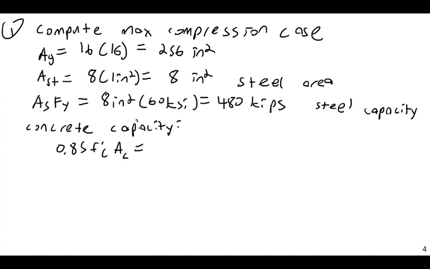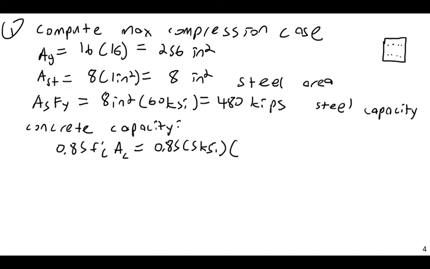The area of the concrete is not exactly 256 square inches. This is going to be 0.85 times f'c, which is 5 ksi, but the actual area of the concrete is the gross cross-sectional area, and then you have your steel inside. So if I really want to calculate the area of the concrete precisely, I need to subtract the area of the steel from the gross area.